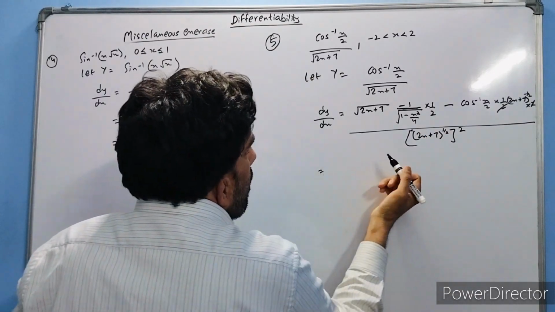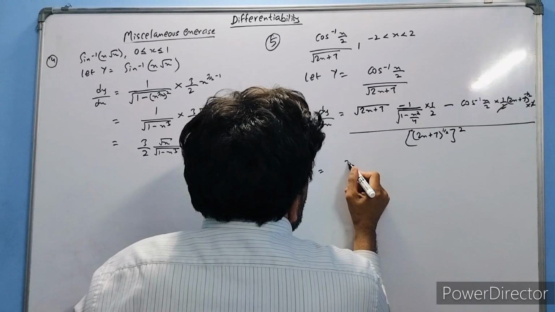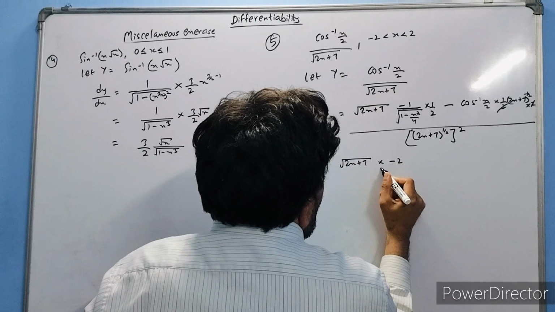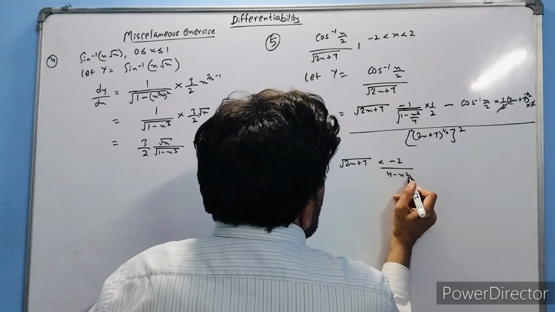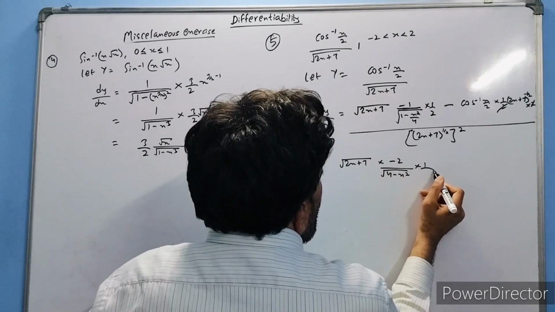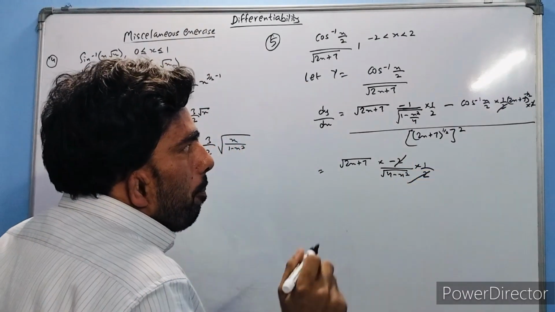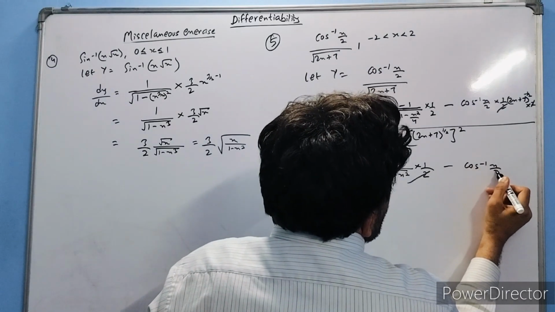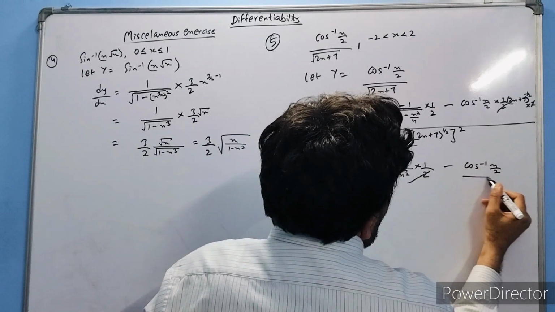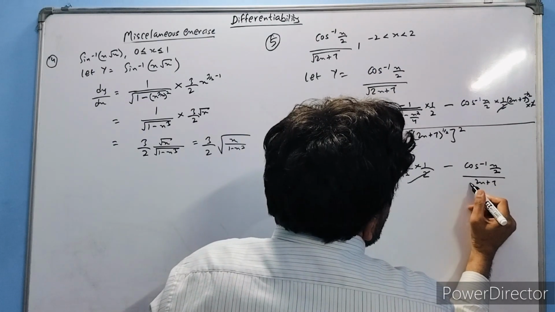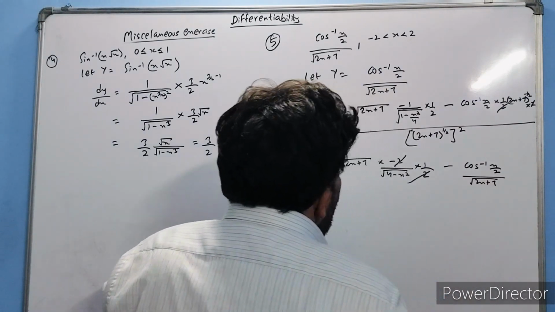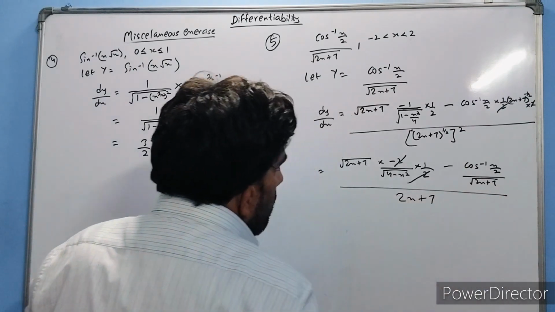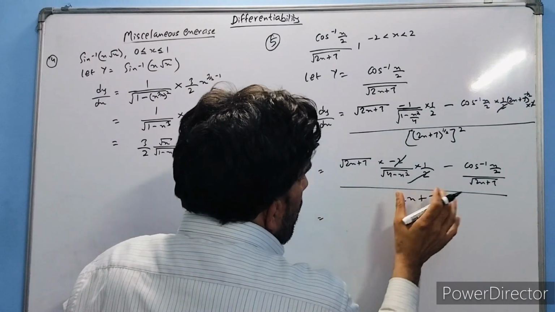So what we have here is under root 2x plus 7 into minus 2 upon under root 4 minus x square into half. So it will be reduced by this, and minus we have here cos inverse x upon 2 upon under root 2x plus 7, upon 2x plus 7. Now what we can do here is take the LCM.